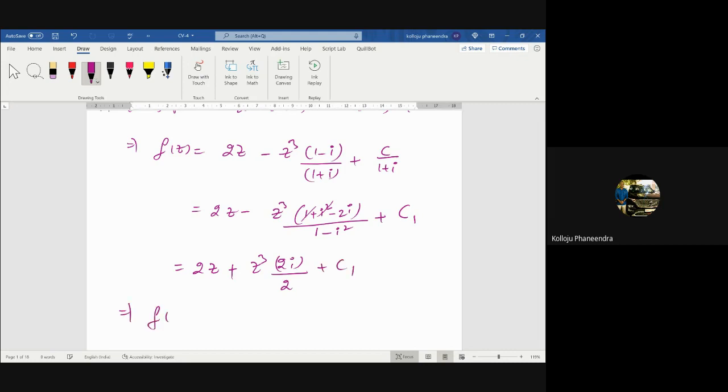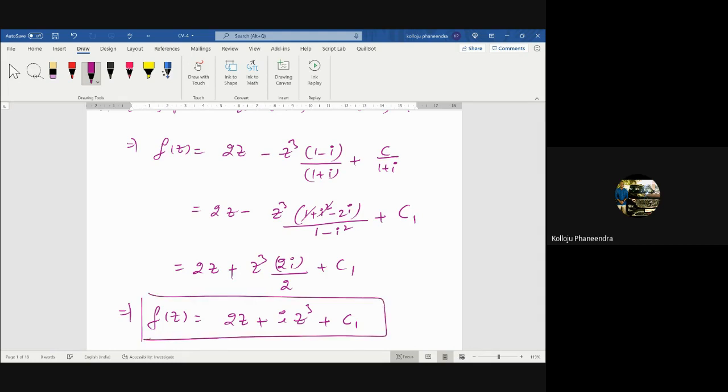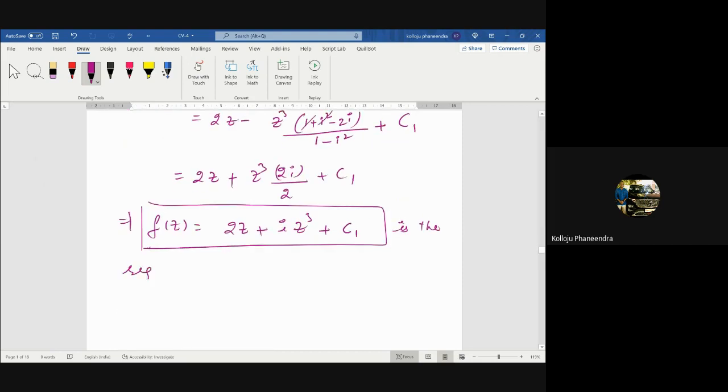This implies f of z is 2z plus i z cube plus c1. This is the required function. Got it?